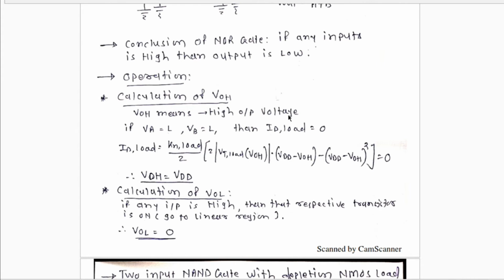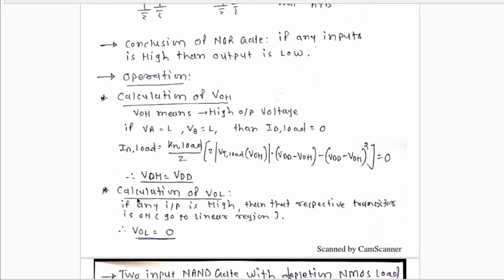So V out is disconnected from ground and V out is directly connected to VDD. In this case the ID load current is equal to 0, and this is the formula for calculating the ID current, so finally VOH, the high output voltage, is equal to VDD.